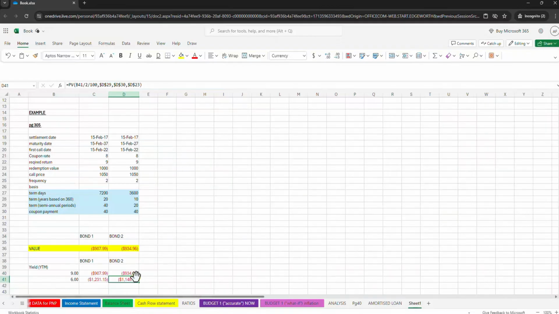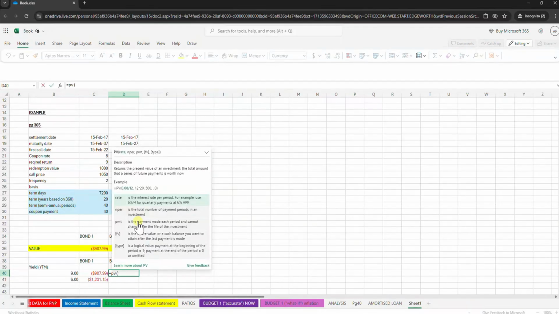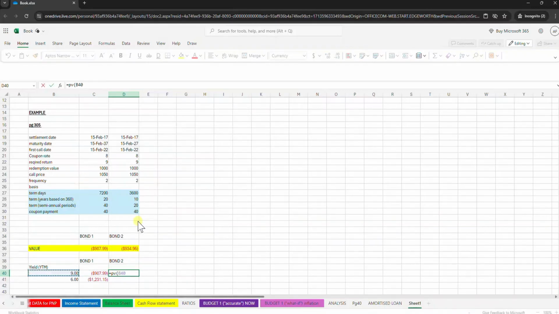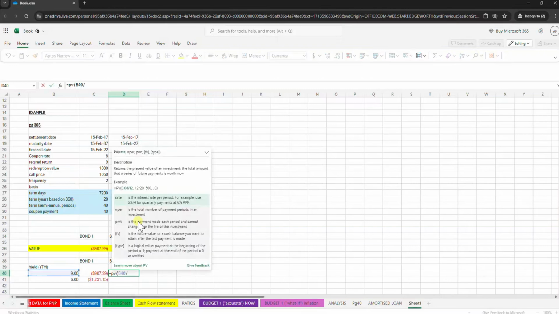Okay. It doesn't work out. Start again. Let's do it again. Okay, so bond 2's price is going to be calculated using the rate. The rate that we want to use is 9%. So 9 divided by 2 divided by 100.